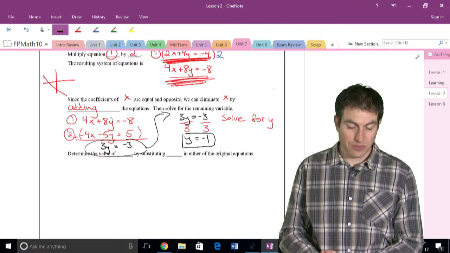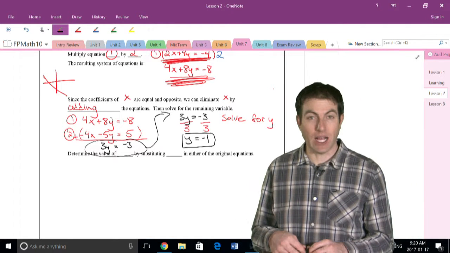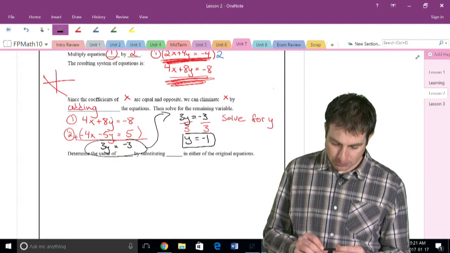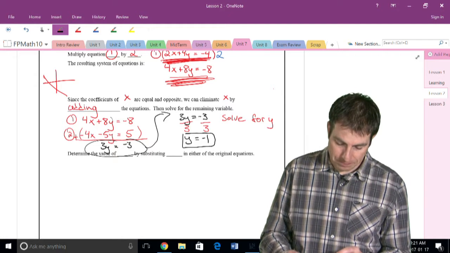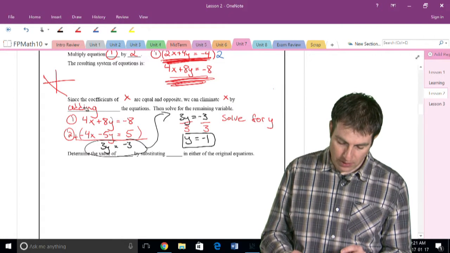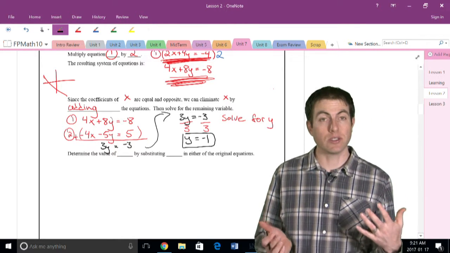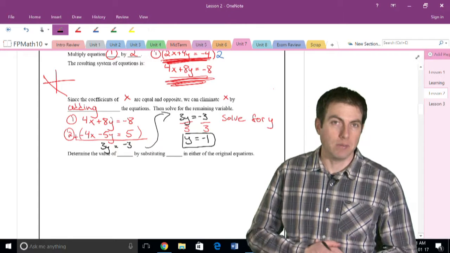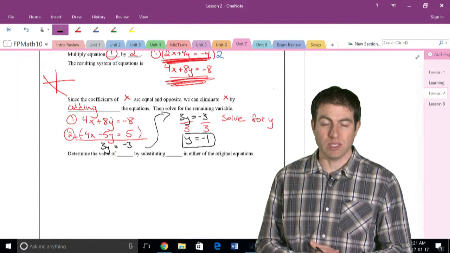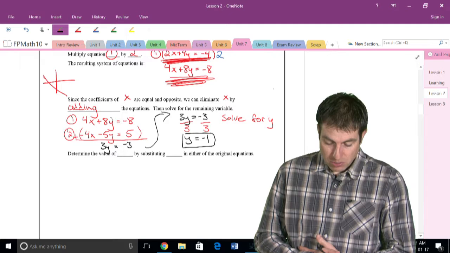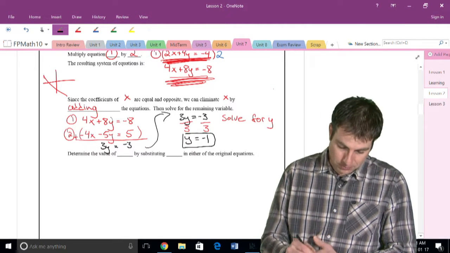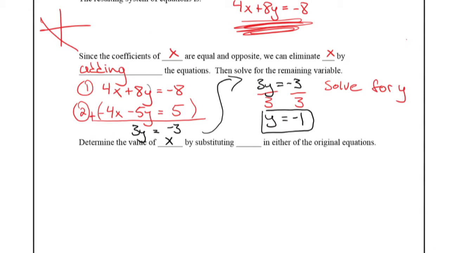So I've now figured out that the y value of my solution is negative 1. Now, because the solution is where the lines intersect, I can substitute that negative 1 in either equation, equation number 1 or 2, and I usually just pick whatever one's easier. I can determine the value of x by substituting y is negative 1 in either of the original equations.